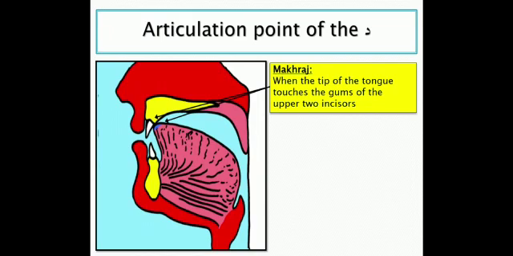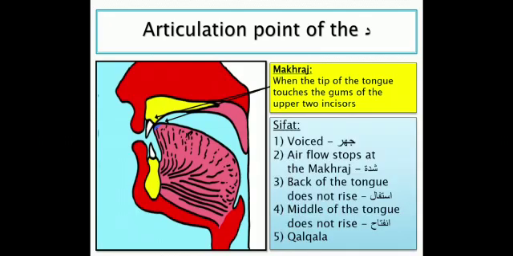The makhraj of Dal is when the tip of the tongue touches the gums of the upper two incisors. Then the letter Dal will come out correctly. These are the sifat and the qualities of the letter Dal.